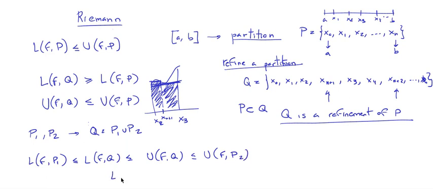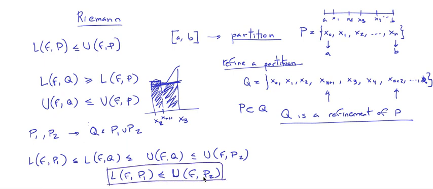So we're going to have that the lower sum is always going to be smaller than the upper sum, irrespective of the partition. It doesn't matter how you partition this interval, the lower sum is always going to be smaller than the upper sum.